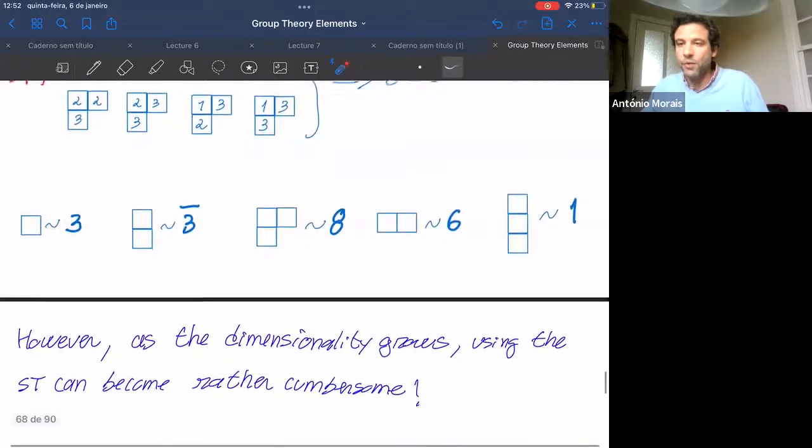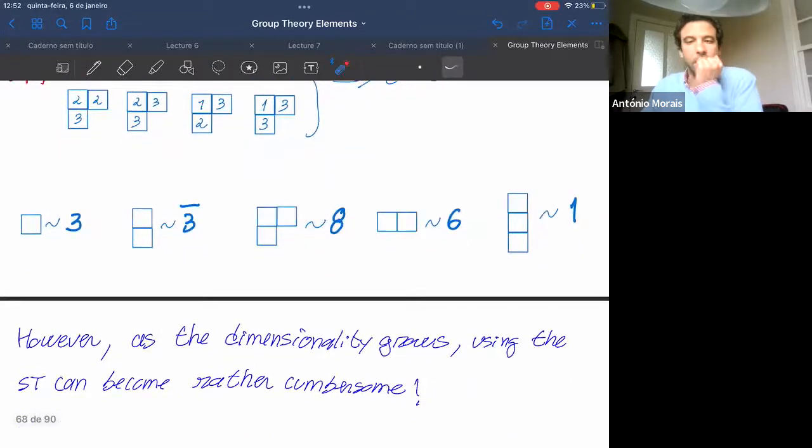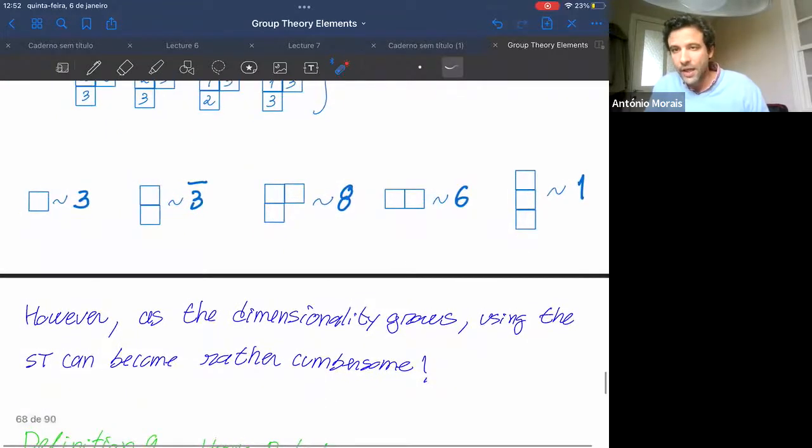But now you may be thinking, I'm in trouble if he asks me to calculate the dimension of something with a plethora of boxes. Indeed, if you grow the dimension, the number of boxes, using the standard Tableau becomes rather cumbersome. It's better than just using the tensors themselves and looking at possible contractions, symmetrizations and anti-symmetrizations.